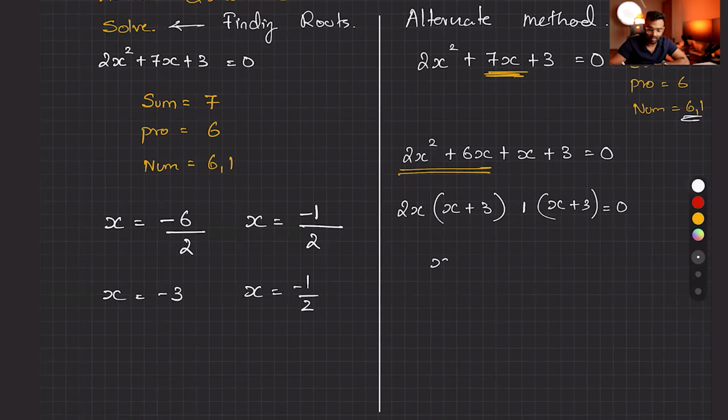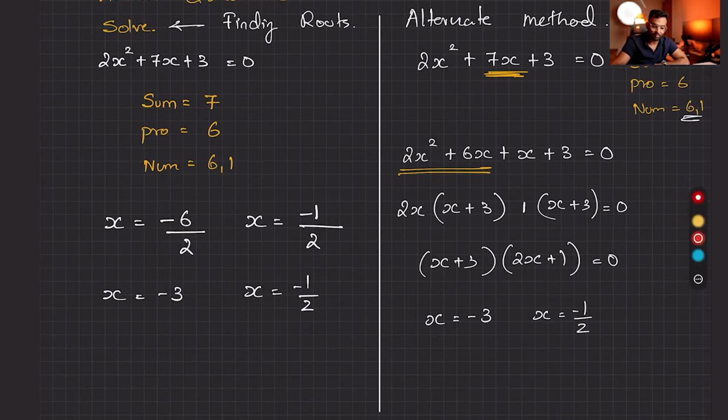So your factors are x plus 3 and 2x plus 1 equal to 0. Now you can solve it. So x equal to minus 3 and x equals to minus 1 by 2. But this method is quite long because up until there, we already did it. But in the other method, you will get your answer in one step.